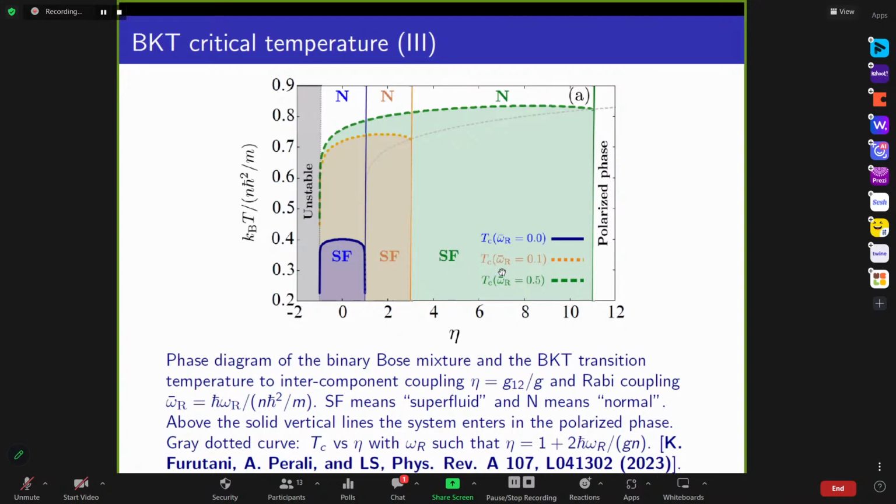Then, if you further increase the Rabi coupling, you have the green region, and the green dashed line is the critical temperature, below which you have the superfluid phase, and above it you have the normal phase. And again, on the right of the vertical solid line, you have the polarized phase. So you see, changing the Rabi frequency, the phase diagram is changing strongly.